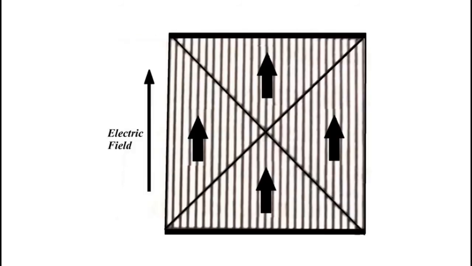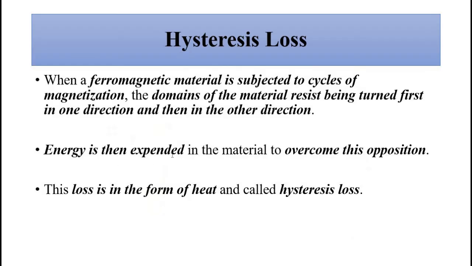So what happens is that these domains, their natural tendency is to offer resistance to being rotated or turned, first in one direction, then in the other direction, when the direction of the magnetic field is changed. So extra energy has to be supplied, that is, more magnetic force has to be supplied to overcome this opposition. This extra energy causes loss in the form of heat, and that is called hysteresis loss.